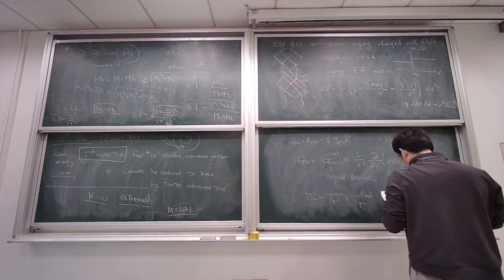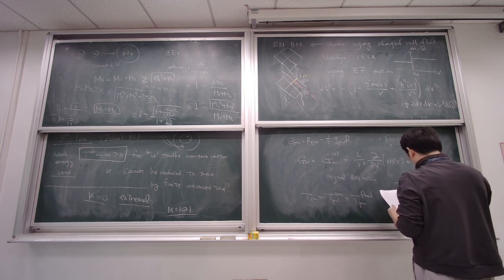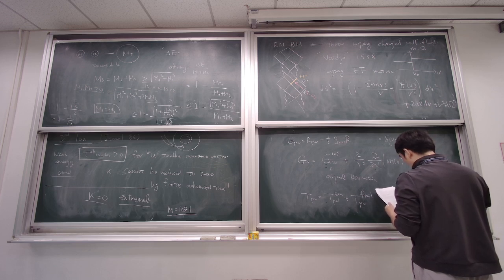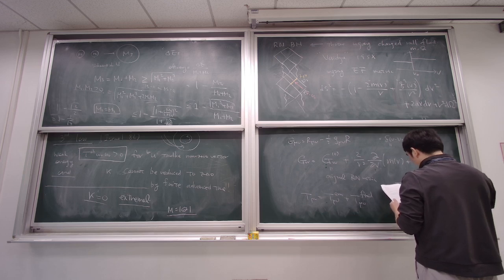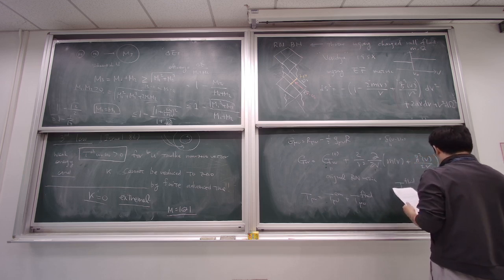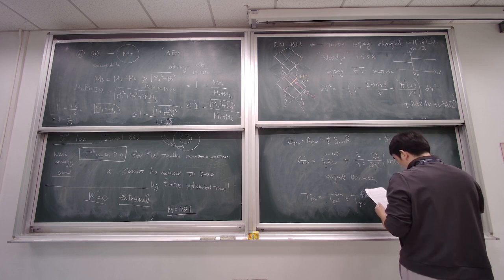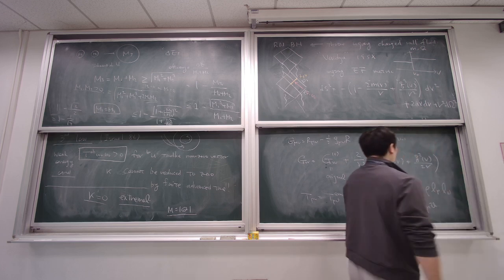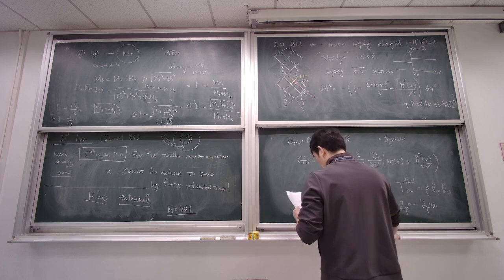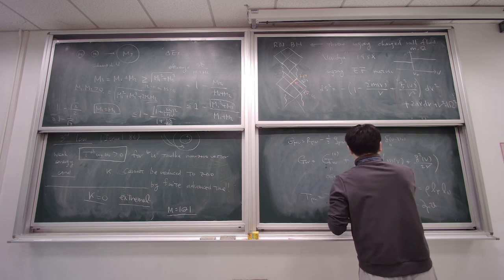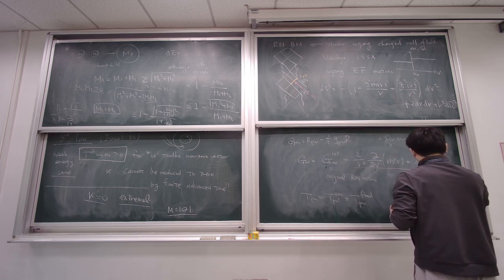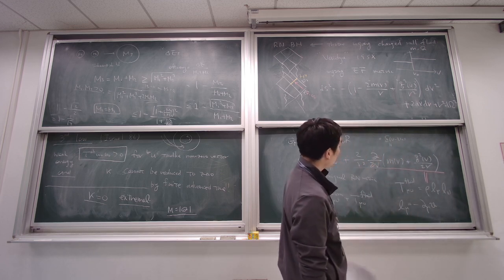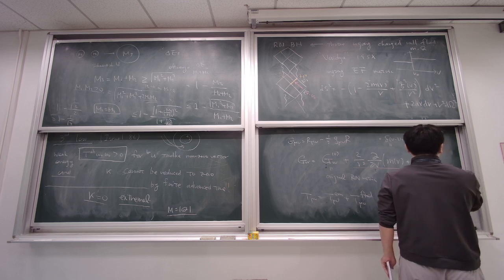Then T mu nu fluid is something like rho L mu L nu, where L is given by minus alpha mu B. And rho is equal to this guy, and then times 1/8 pi.